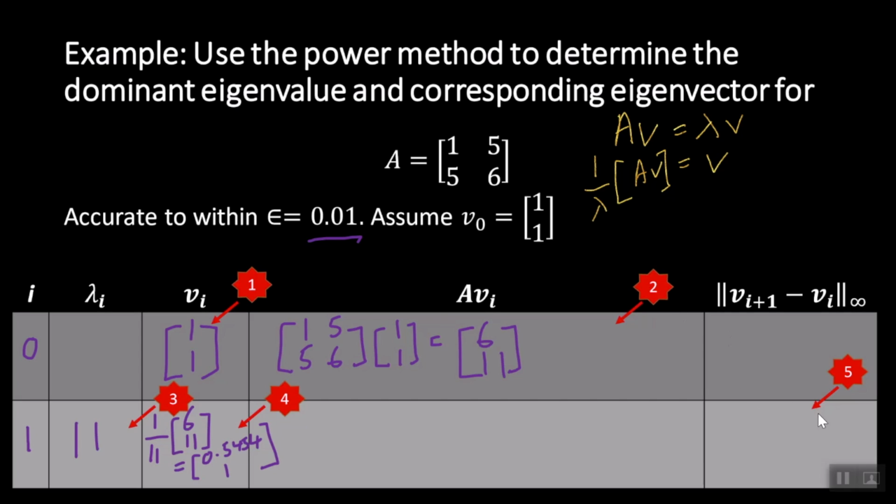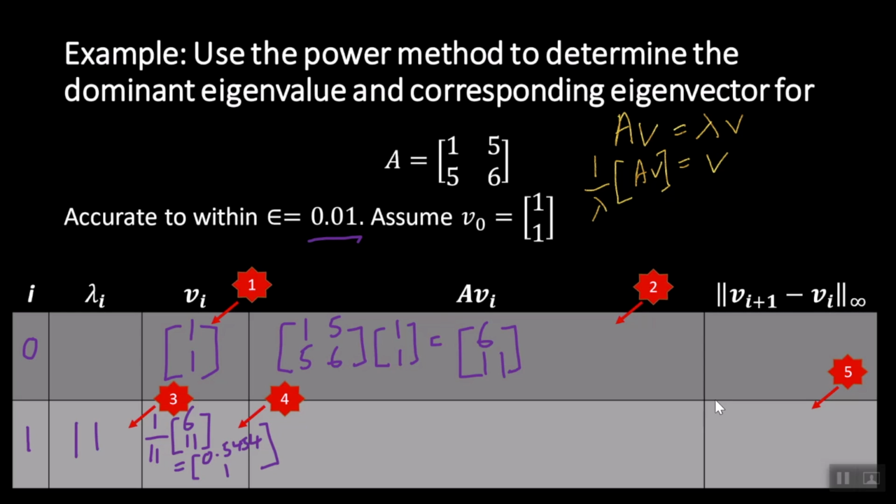Now, step number 5 is the computation of the error. If you still remember, this is the infinity norm where we take the current eigenvector minus the previous eigenvector.